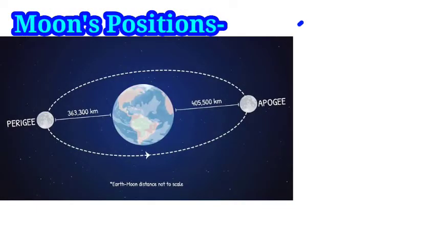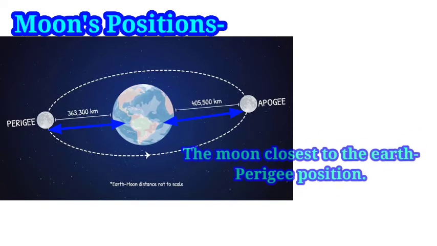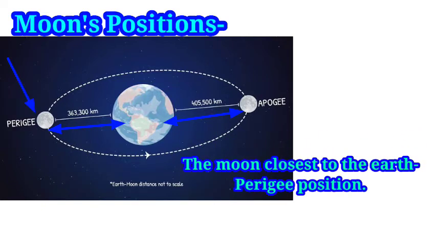We have learned the moon's axial and orbital motion. The moon's orbit of revolution is also elliptical like the earth's. Hence, while revolving around the earth, the distance of the moon from the earth is not the same everywhere. When it is the closest to the earth, it is said to be the perigee position of the moon.